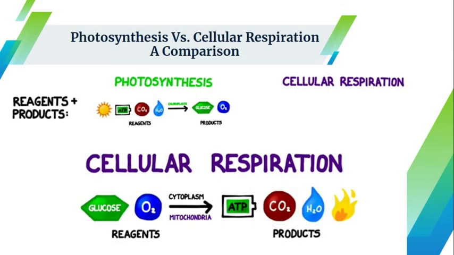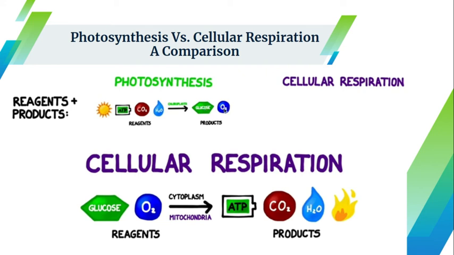So, the photosynthesis process, we compare it to the cellular respiration process as follows. Notice that in photosynthesis, you need carbon dioxide and water. And in the process, it recharges this ATP chemical and it creates glucose and oxygen.